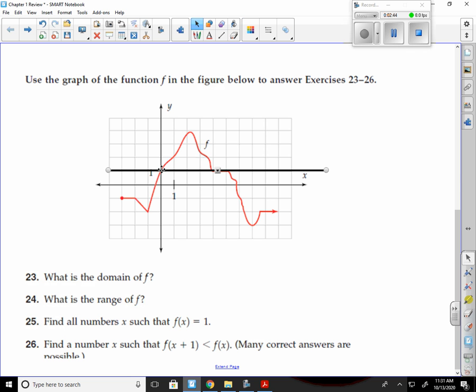So I see it crosses that line right there, and it crosses from here to here. That tells me everything I need to know. So it would be at x equals 0 and x equals, let's see, 2, 3, 4 to 5. So all the numbers x less than or equal to 5 and greater than or equal to 4.